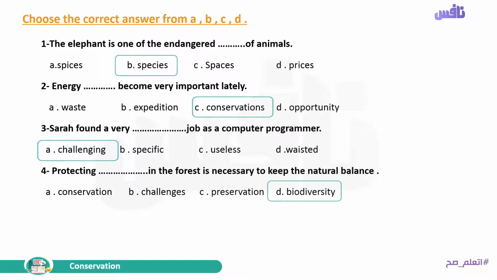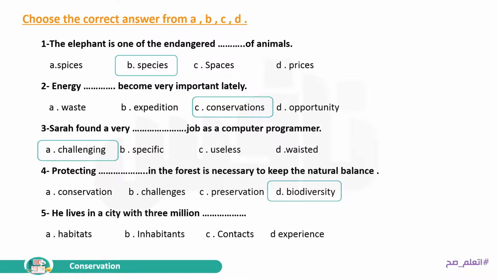The answer will be biodiversity. Number 5, he lives in a city with 3 million inhabitants, contacts, experience. The answer will be inhabitants.